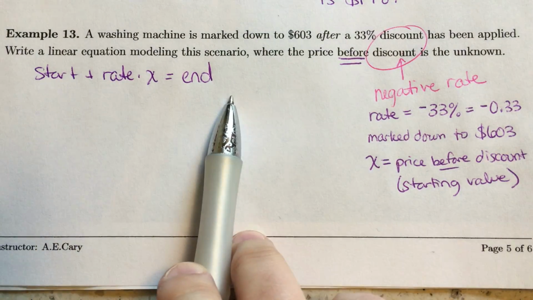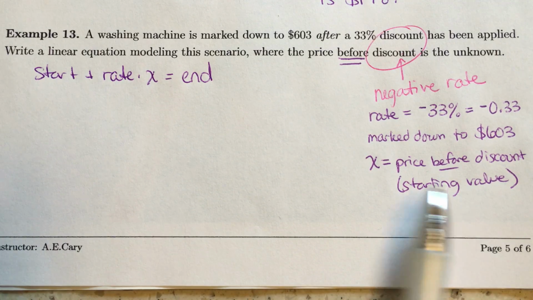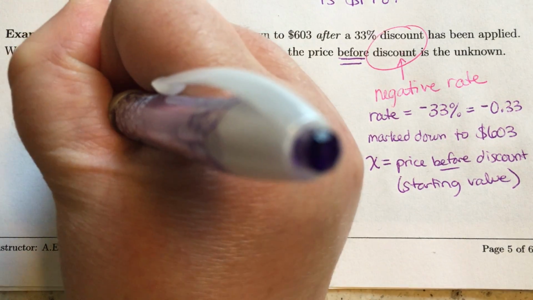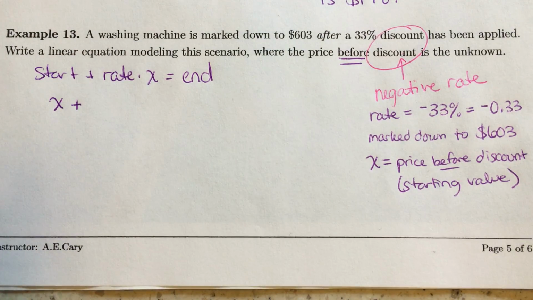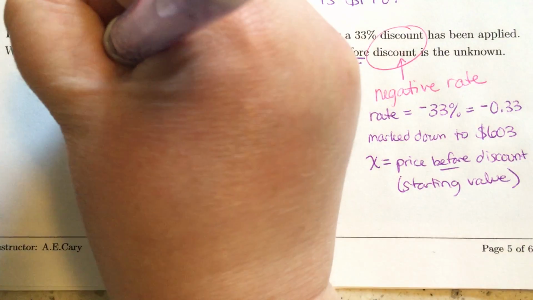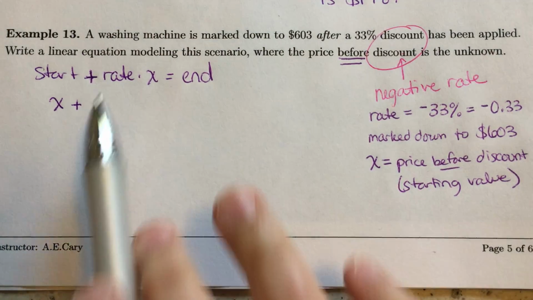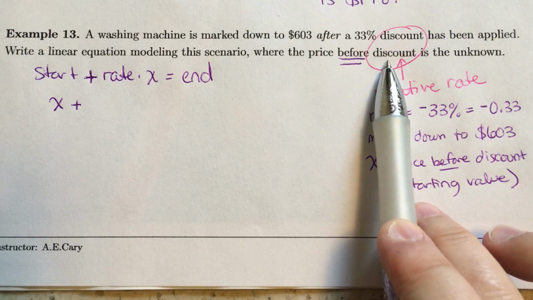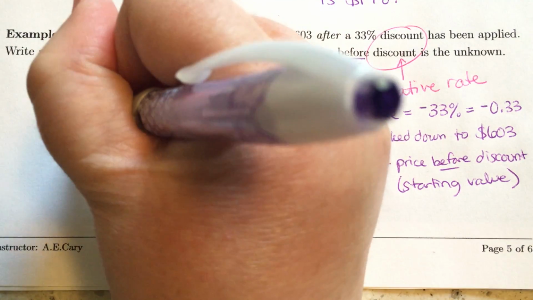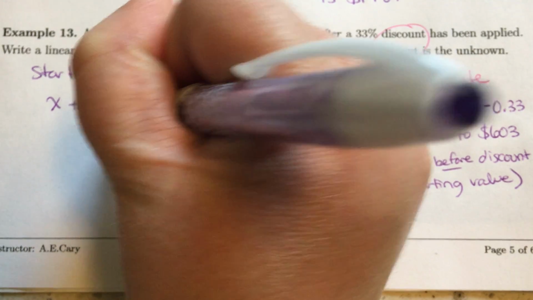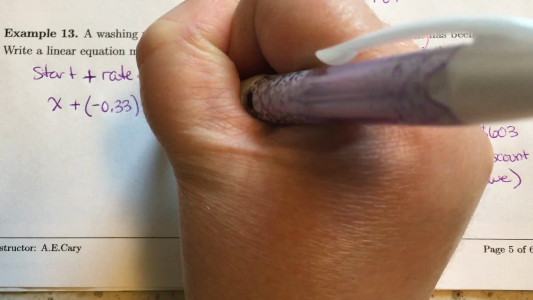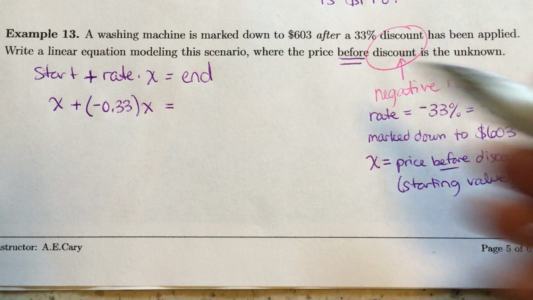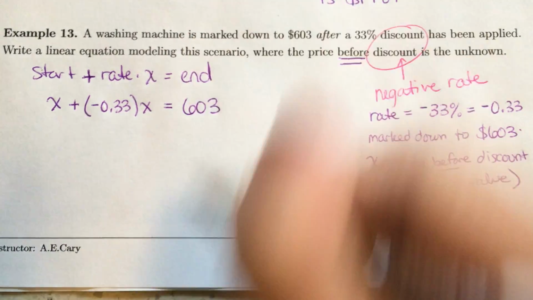So with that model in mind, the starting value is what we're looking for. So instead of start, I'm going to put an x. And then we still have this plus. The rate, but we have a negative rate because the price is being discounted. So for the rate, I'm going to put negative 0.33 times x. And then the ending amount is what we ended up paying in this case, which is $603.